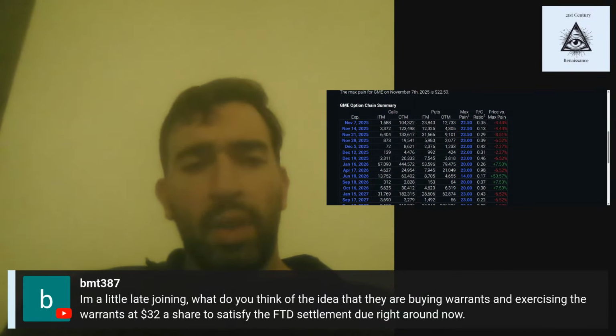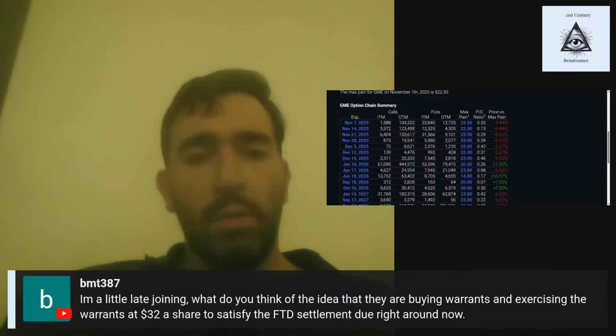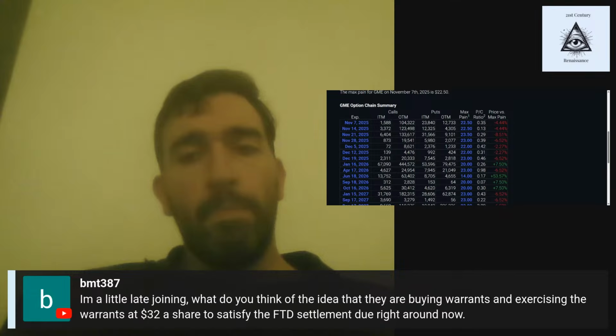Buying the warrants, what do I think of them buying the warrants now and exercising them at $32 a share to satisfy the FTD settlement due right around now? They could do that. They would be giving the company money, so we would be able to see.